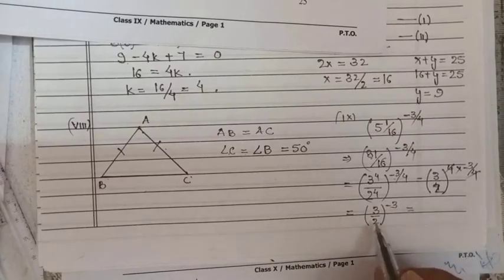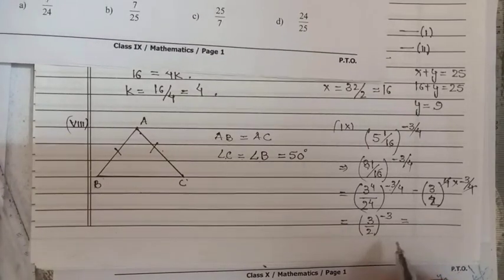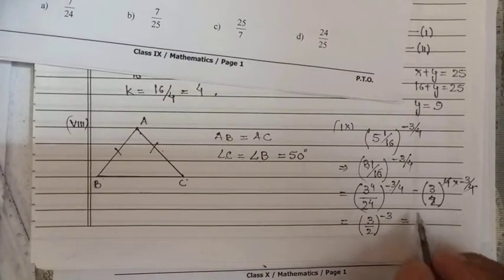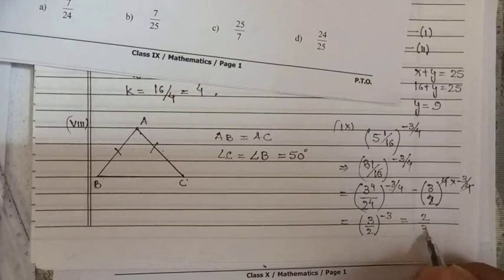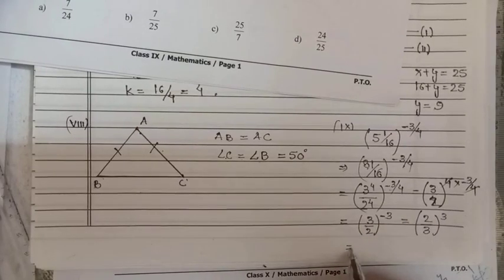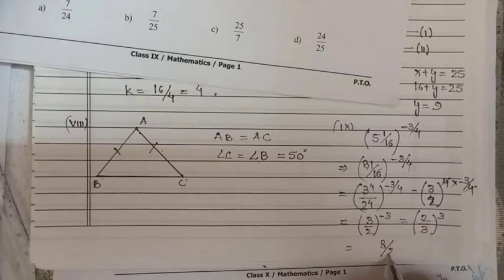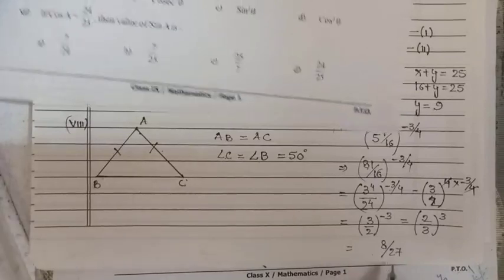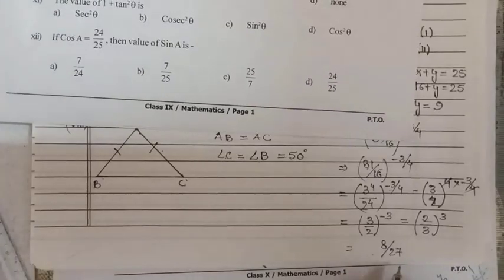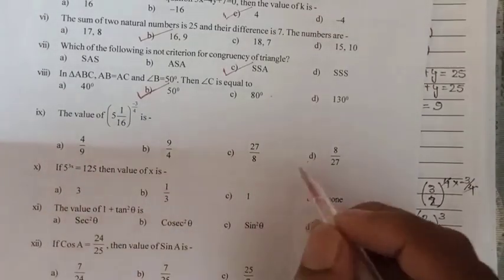Now whenever the power is negative, to make it positive you can take the reciprocal, so you take the reciprocal over here, this will become 2 upon 3 and the power becomes positive. Now if I simplify it, 2 cube is 8 and 3 cube is 27, so the result is 8 by 27. So here in this one the option will be D. For the ninth part the option is D.